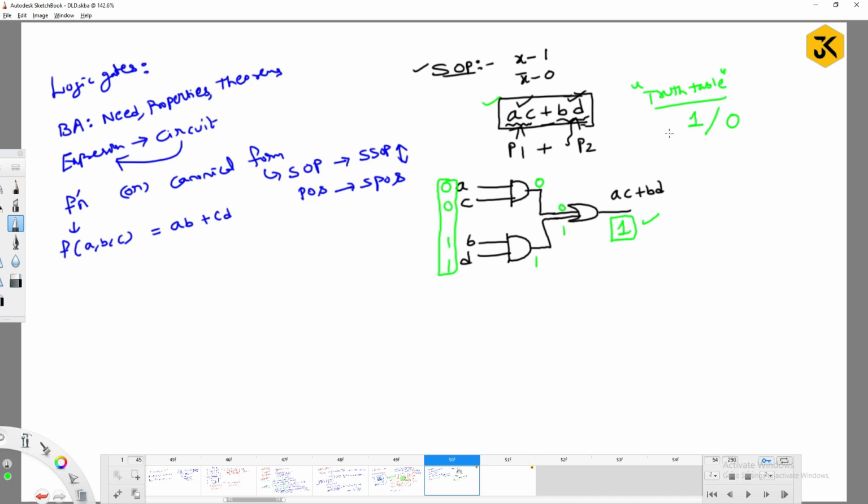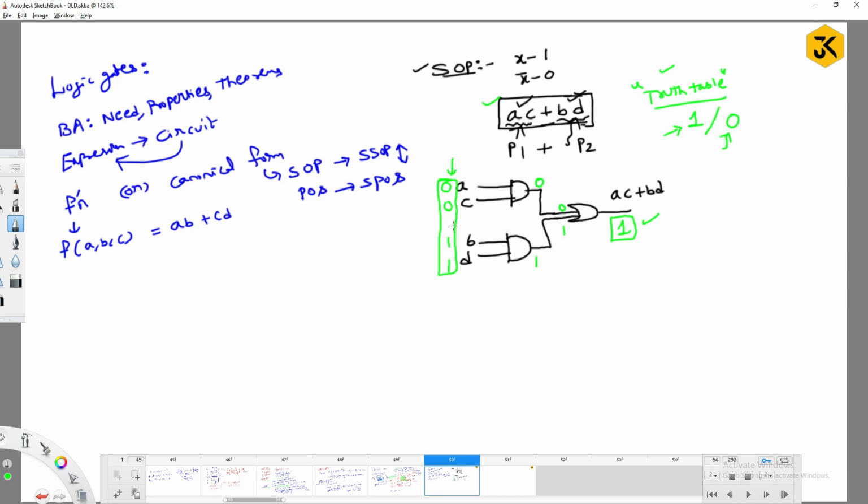Whatever the possibilities are to get the output 1, if you give that input to the circuit, it is always going to produce 1. And for the inputs that give the output 0, if you give that input to the system, it is going to produce the output 0. So these are the two alternative ways you can use. But for the system, you have to give it in the form of a circuit only.